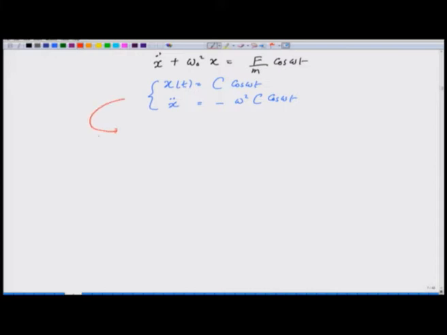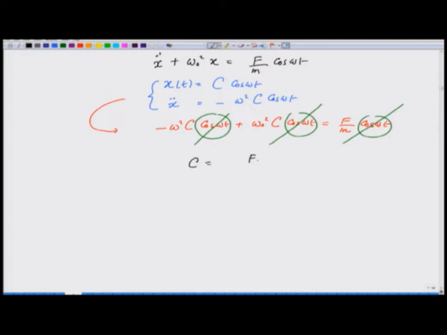Substitute in the equation, I get minus omega square c cosine of omega t plus omega naught square c cosine of omega t is equal to f over m cosine of omega t. And this can be satisfied all the time, because we have this cosine omega t term all over the place, which actually cancels. And you get c is equal to f over m times omega 0 square minus omega square.